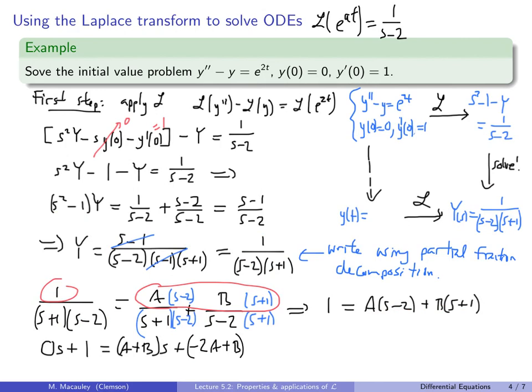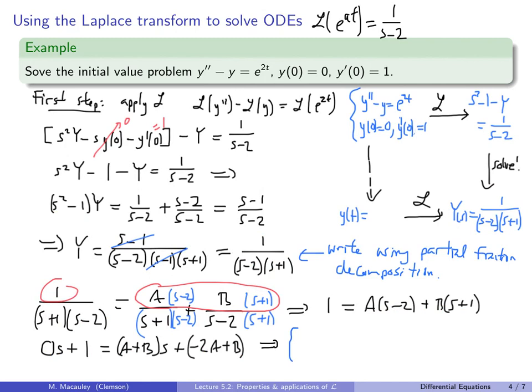So now, if this is going to be equal to that, then the 0, the coefficient of s on the left-hand side, better be equal to a plus b, which is the coefficient of s on the right-hand side. And the constant term 1 on the left-hand side better be equal to the constant term on the right-hand side. So this gives us a system.